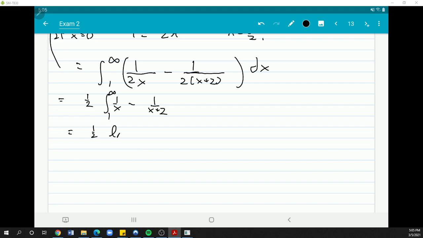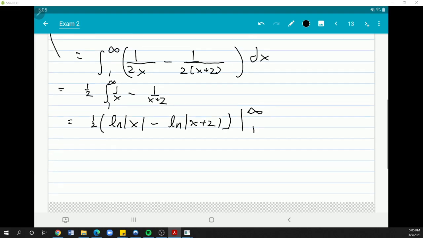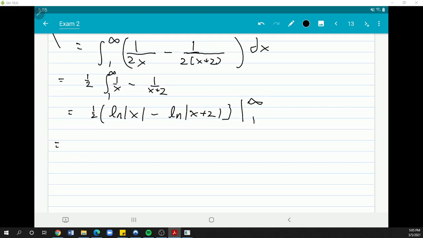This equals 1/2 natural log of x minus natural log of x plus 2 evaluated from, quote unquote, 1 to infinity, but we have to remember what that means.